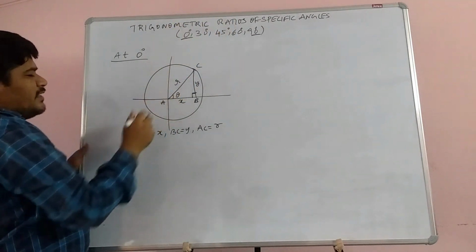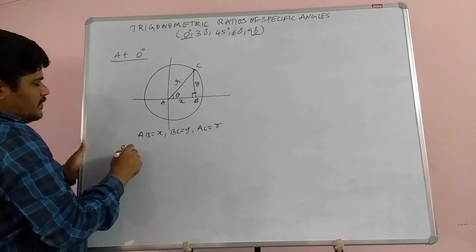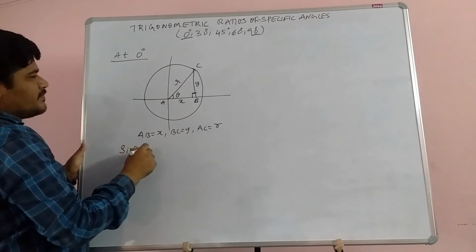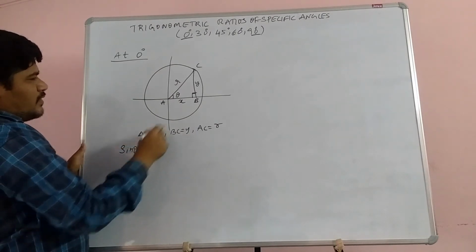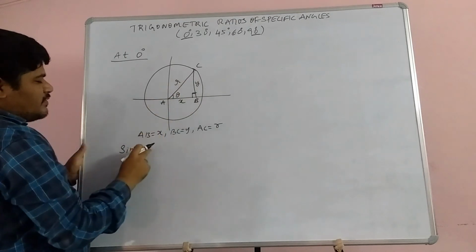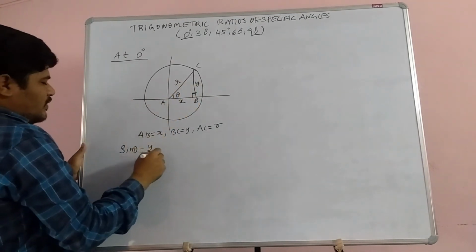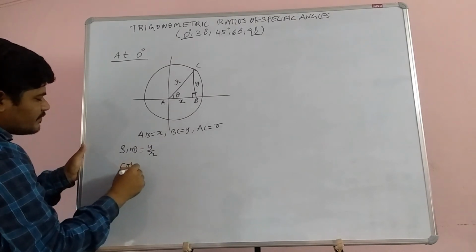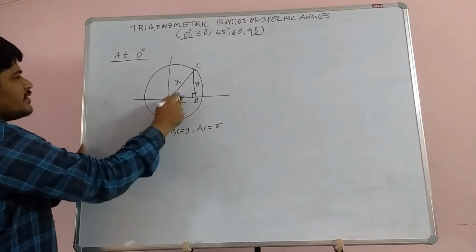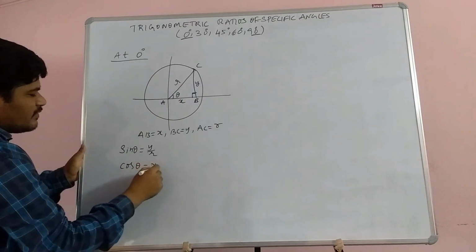Now, what will be the sin theta? Sin theta is equal to opposite side by hypotenuse. Okay, to theta, opposite side by hypotenuse, y by r. Cos theta, adjacent side by hypotenuse, x by r.